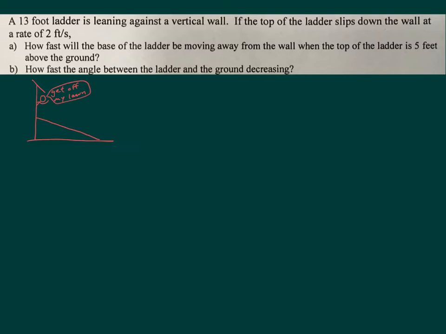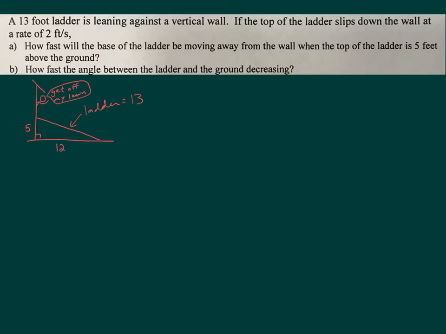So in this picture here, I have a nice little setup where this is the actual ladder, and the ladder is 13 feet. The next piece is, we know this side here is 5, and if you use the Pythagorean theorem, this last side of the right triangle seen here, formed by the wall, the ground, and the ladder, is 12.